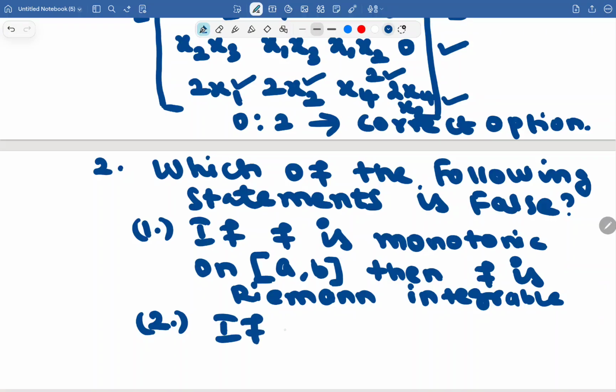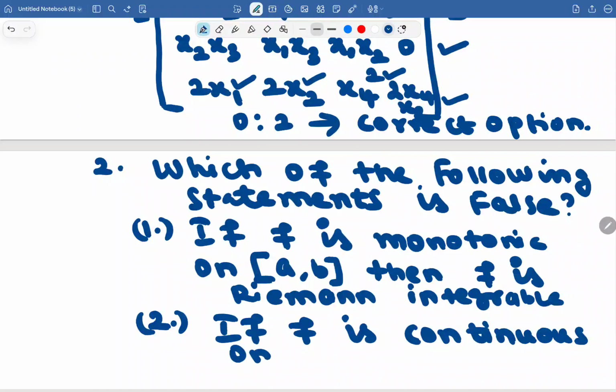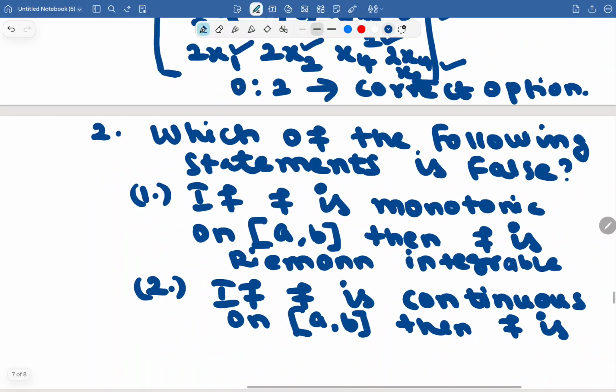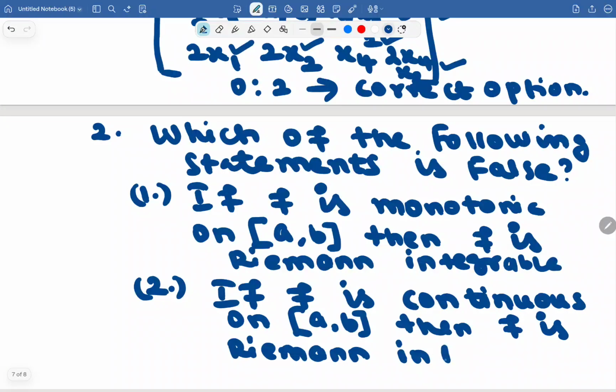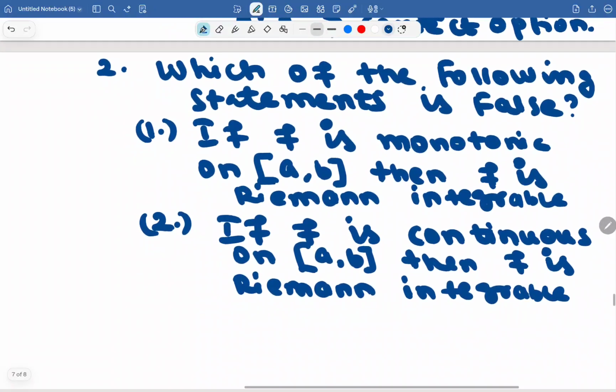Second option, if f is continuous on a comma b, then f is Riemann integrable.